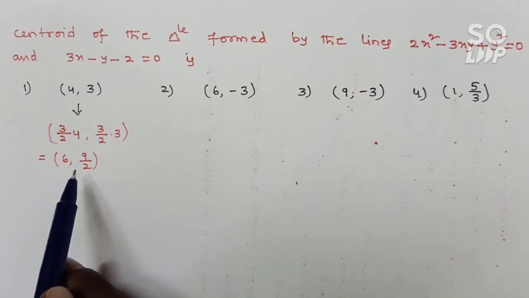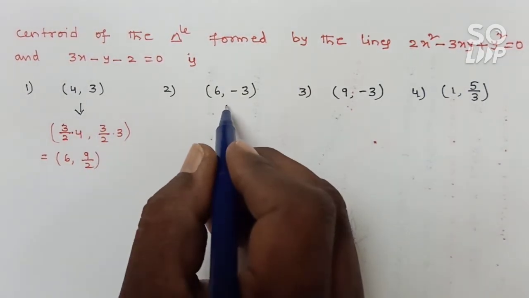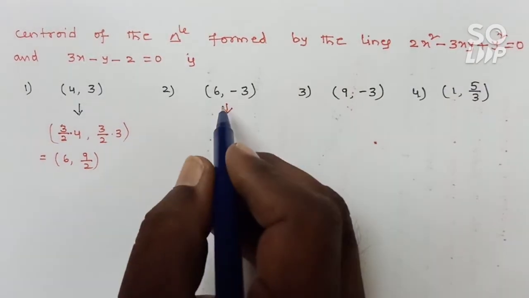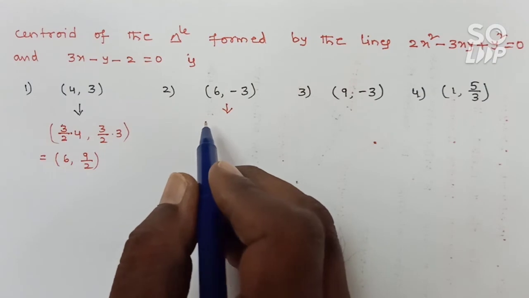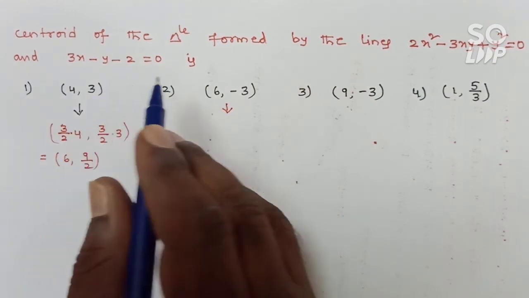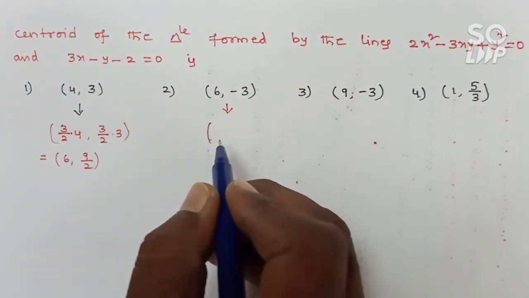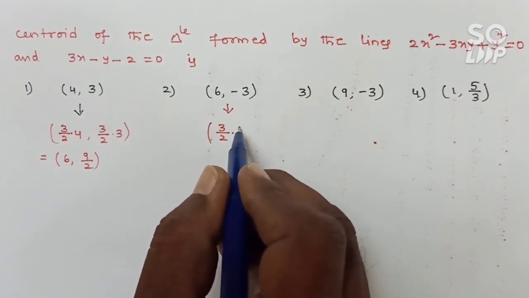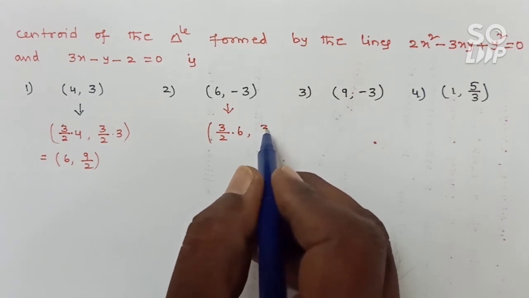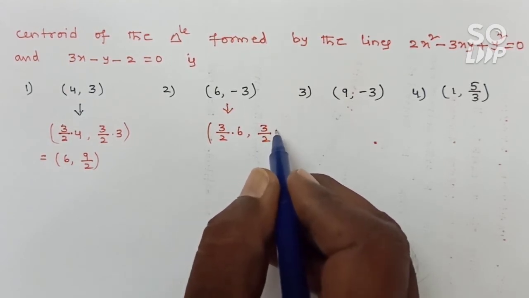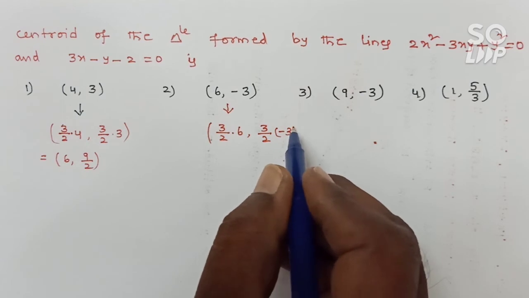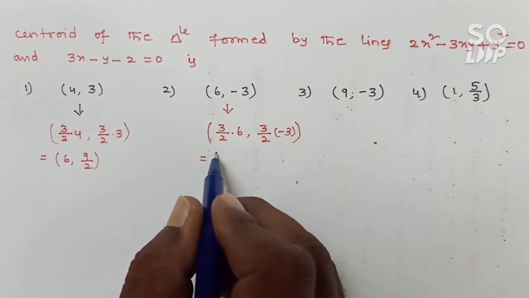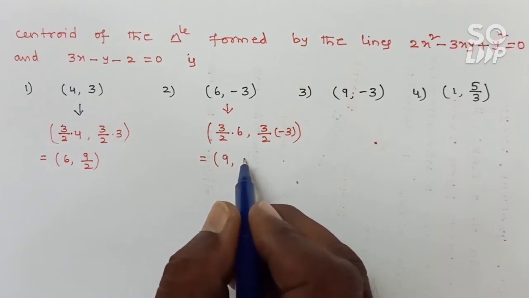Next, suppose the second option is the centroid. Then the midpoint of the third side is 3/2 into 6, comma 3/2 into −3, so this value will be (9, −9/2).